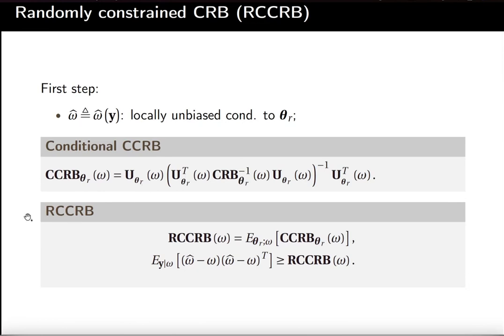And the randomly constrained bound, the RCCRB, is obtained as the expectation of this bound over the model parameter of interest and the random parameter theta r. It's a lower bound on constrained estimation when the constraints involve a random parameter.